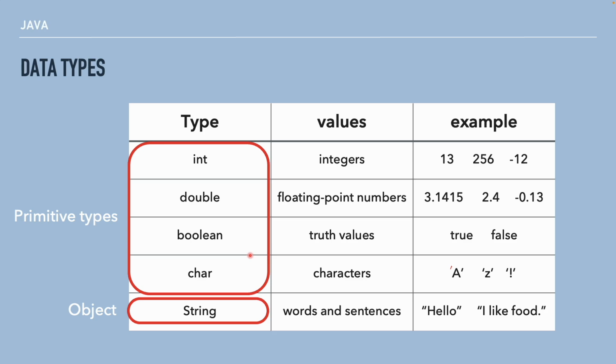So a primitive data type stores values directly in memory, while an object stores a reference to another memory address. We'll talk about this later on as well, in terms of direct values and memory references. So a string is an object. Later on, when we talk about more complex data structures, we'll look at other objects as well. You could also create your own objects, and we'll talk about those in later videos as well.